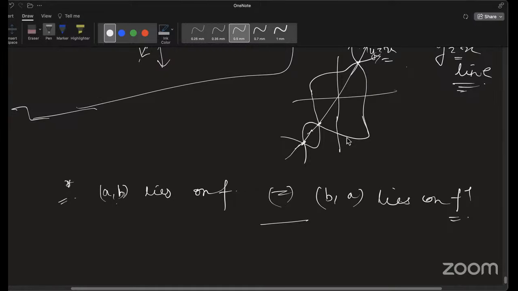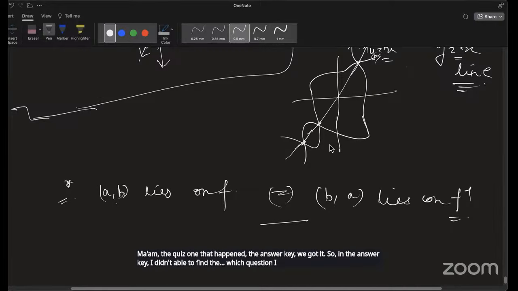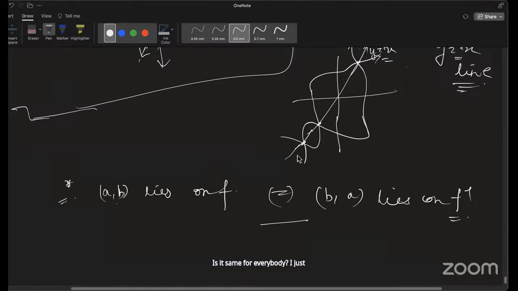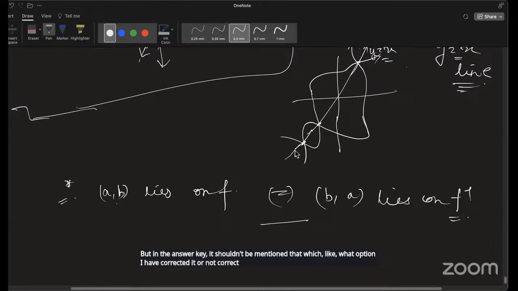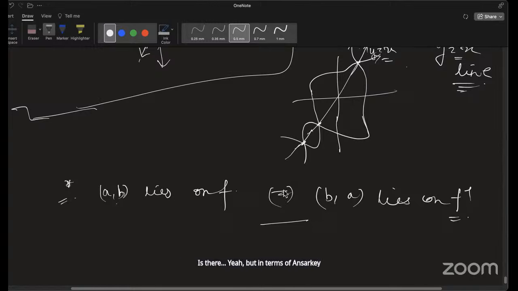Ma'am, the quiz that happened, we got the answer key. In the answer key, I wasn't able to find which question I have ticked right and which wrong. Is it the same for everybody? I just got what the right answers are. The result is already out. I don't handle that.